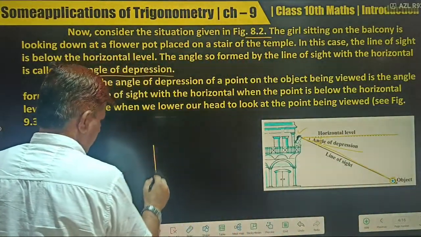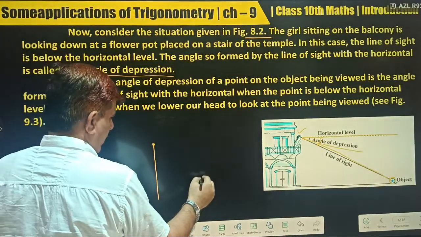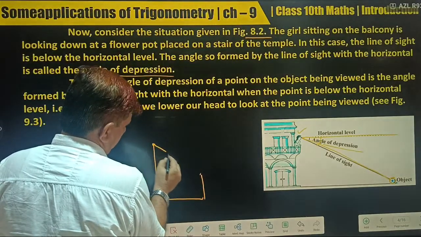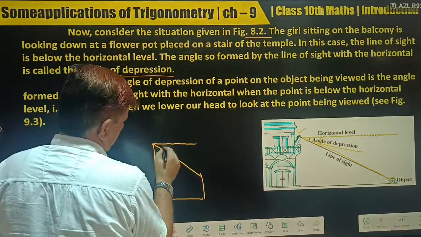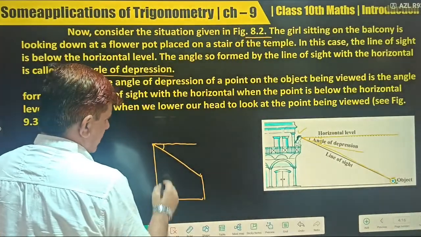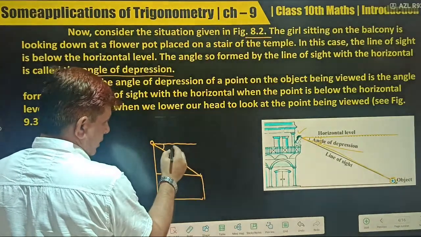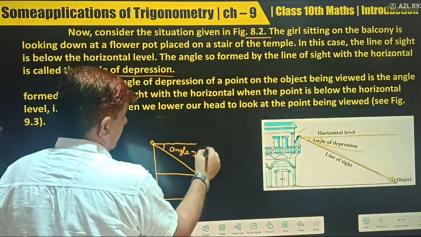Like this, someone standing on a multi-story building and looking downside, this angle is formed and is known as the angle of depression.